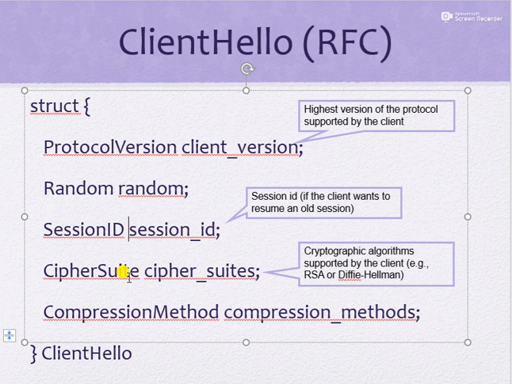And the cipher suite, which gives information to the server about the cryptographic algorithms that are supported by the client. Like the client can tell the server, I can support RSA or Diffie-Hellman or DES or AES, SHA-256 or whatever. And then the compression method, if compression is to be used on this connection, which compression method is supported by the client. So this is what the client hello message contents look like.